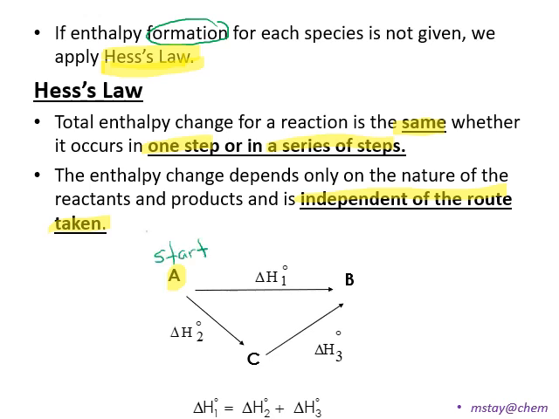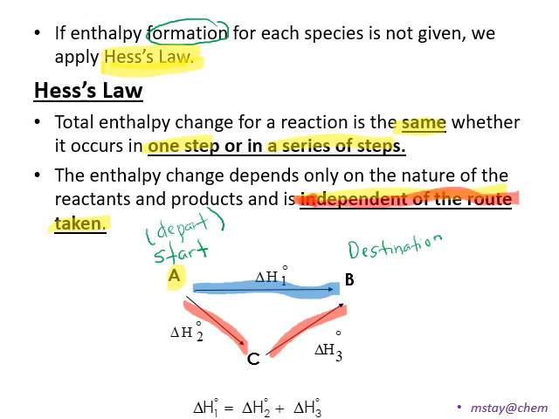We depart from A, and our destination is B. Here we have two roads to go to B. One is directly from A to B. Another road is to start from A to C and then C to B. Just now we mentioned that it is independent of the route. The first route, the blue one, has only one step.